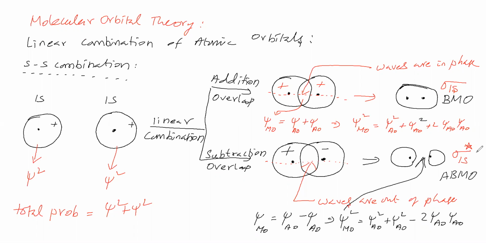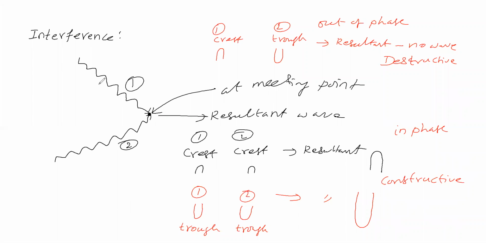Now we will see about sigma 1s. We will see the energy of sigma 1s and compare it with these two 1s atomic orbitals. Now we take a 1s atomic orbital undergoing linear combination with another 1s atomic orbital to give one bonding molecular orbital and one anti-bonding molecular orbital.